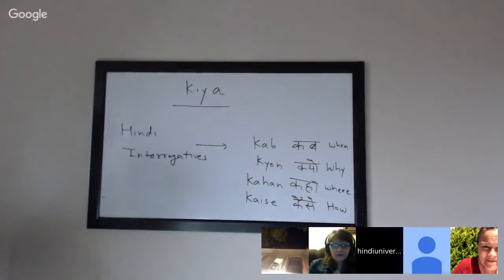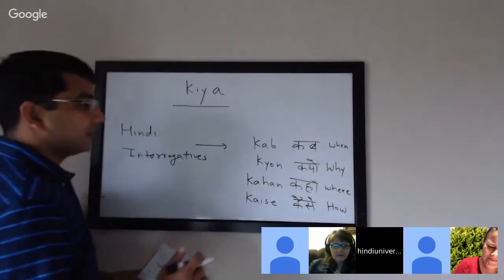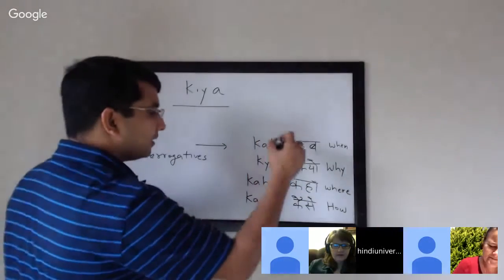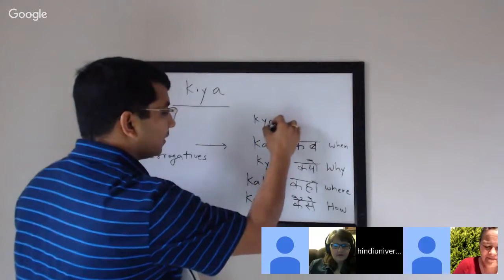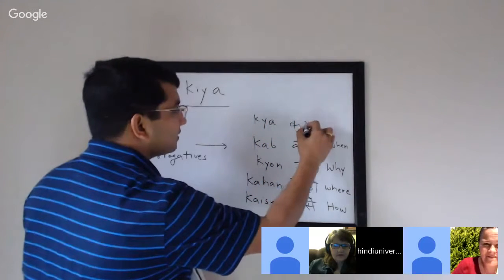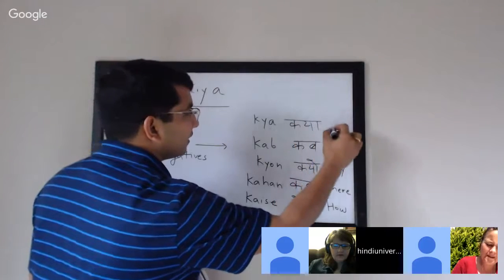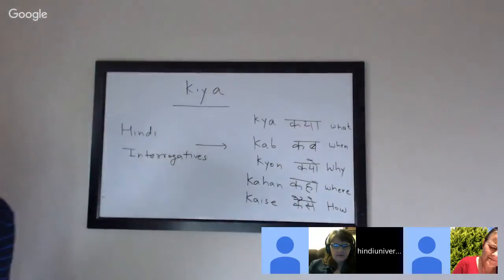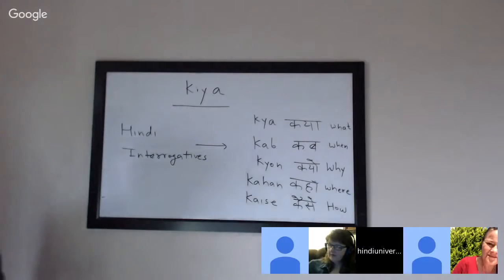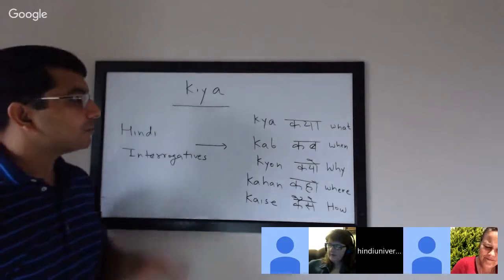Okay, and then we've not done Kya. Kya is half Ka and then Ya. Kya is what.